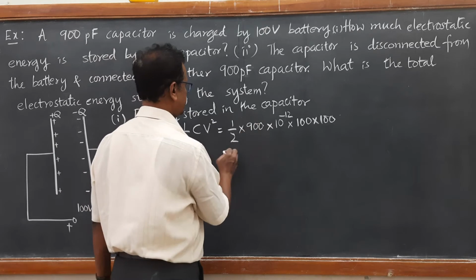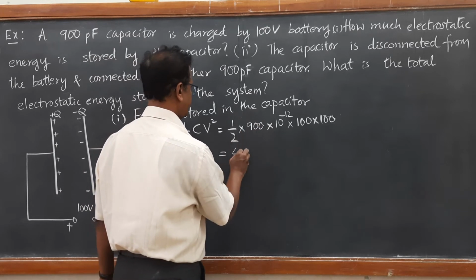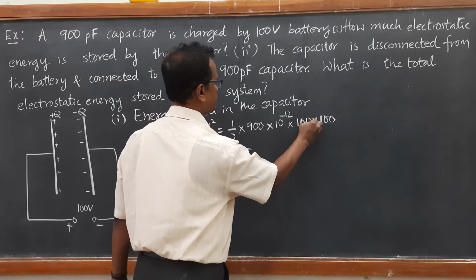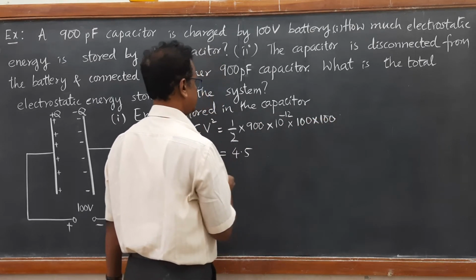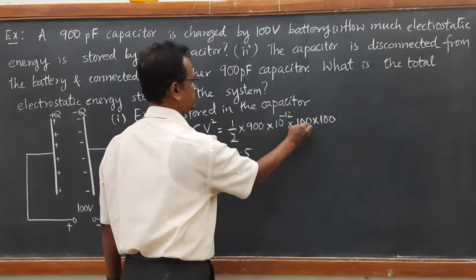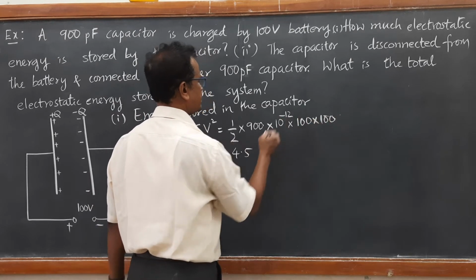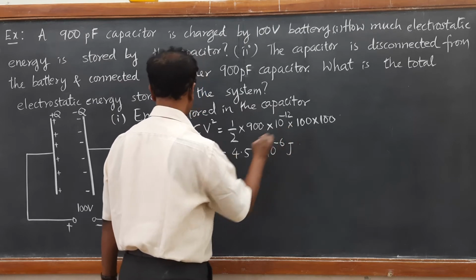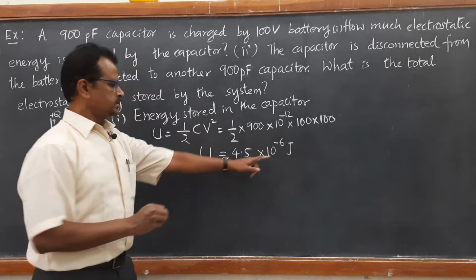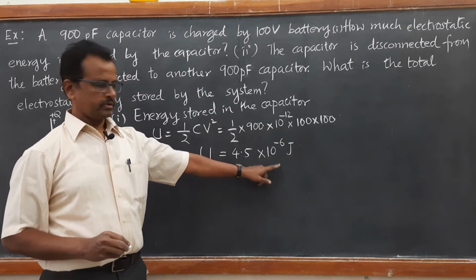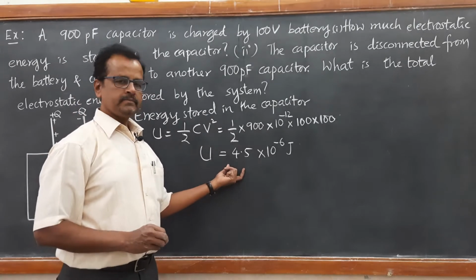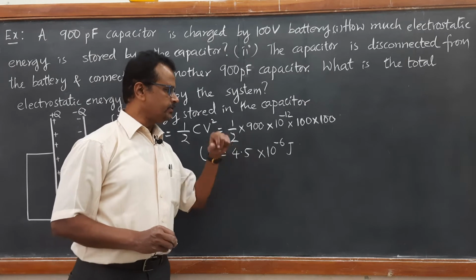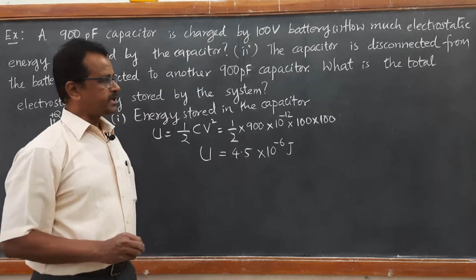You can see here 4.5 into 10 to the power of 6 minus 12, so it becomes 10 to the power of minus 6 joules. The SI unit of energy is joule. So the energy stored in the charged capacitor is 4.5 into 10 to the power of minus 6 joules.